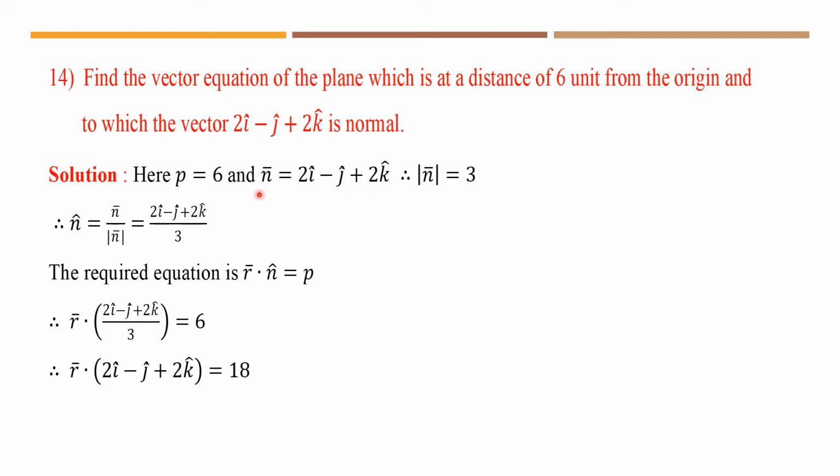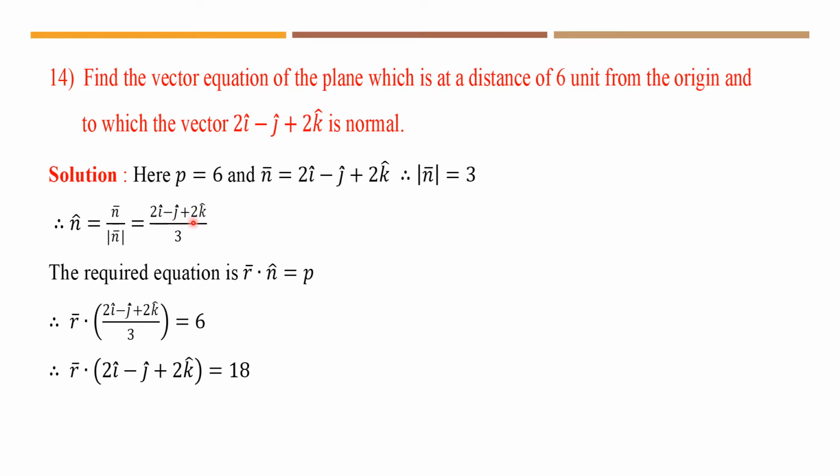We find the magnitude of n bar, that is root of 2 square plus minus 1 square plus 2 square, which is root of 4 plus 1 plus 4, equal to root of 9. Root of 9 means 3. Hence magnitude of n bar equal to 3. We have to find n cap. n cap is equal to n vector divided by magnitude of n.